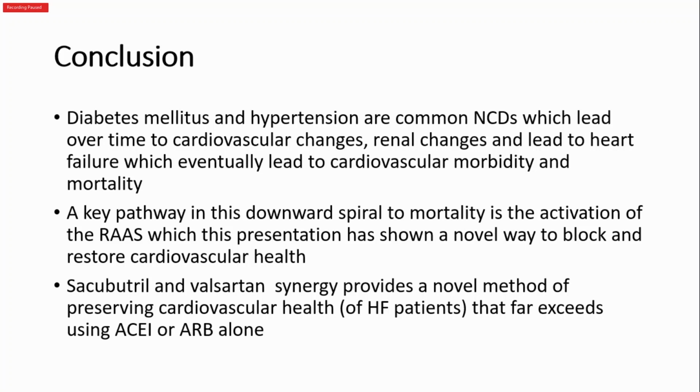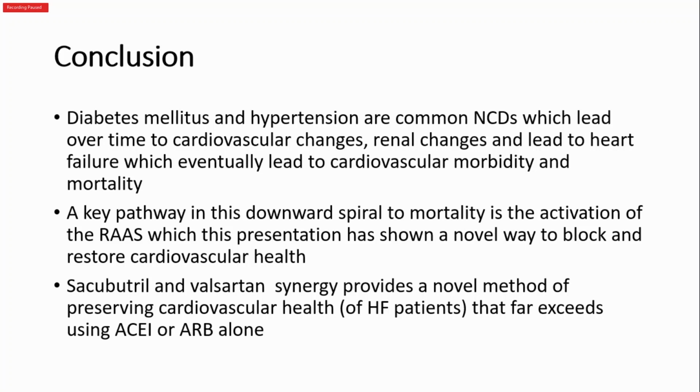So a key pathway in this downward spiral to mortality is the activation of the RAS, which this presentation has shown a novel way to block, and we also block the overcompensation that occurs through the natriuretic system. And you can therefore restore cardiovascular health.